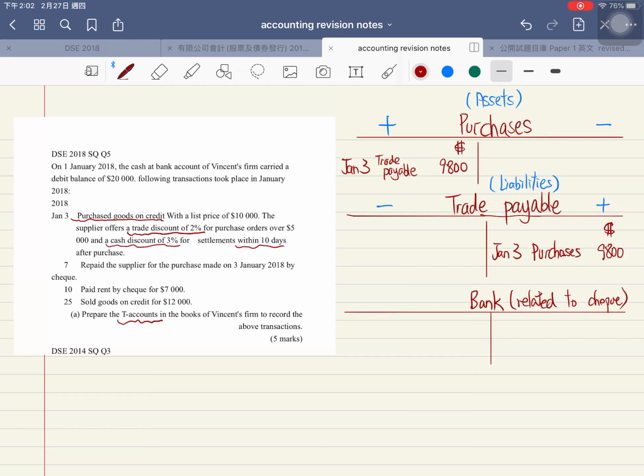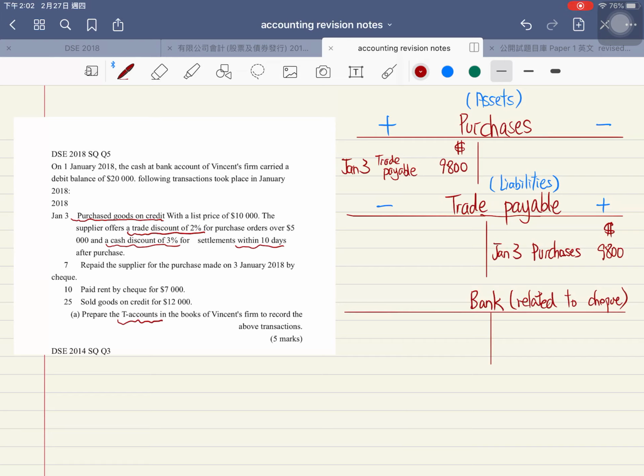It means that totally we have to pay 9,800, but because we can pay earlier within 10 days, we can enjoy a cash discount for this 9,800. Therefore we can pay less.